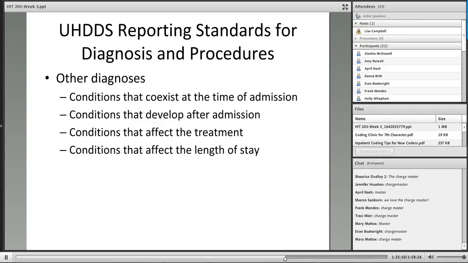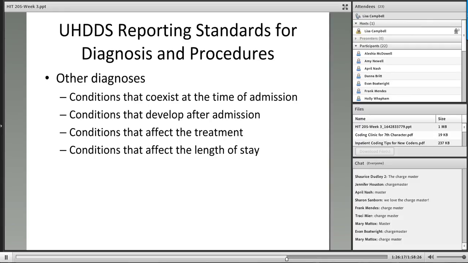And other diagnoses really have certain criteria that have to be met. It has to be significant to the hospital encounter. So conditions that coexist at the time of admission, that develop subsequently, that affect the treatment, that affect the length of stay, we can code those.